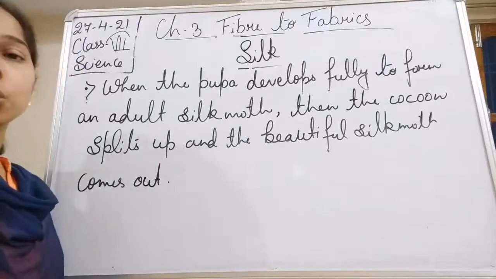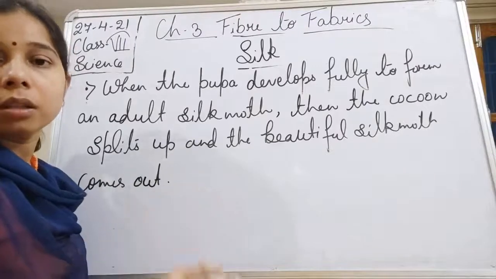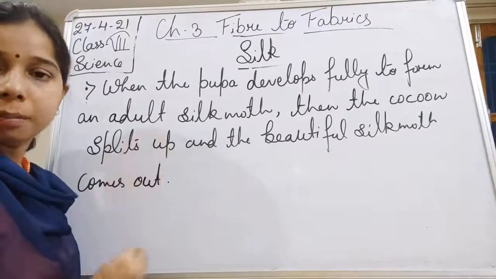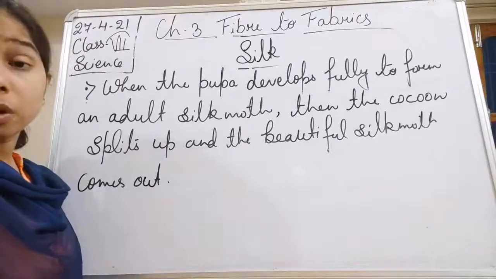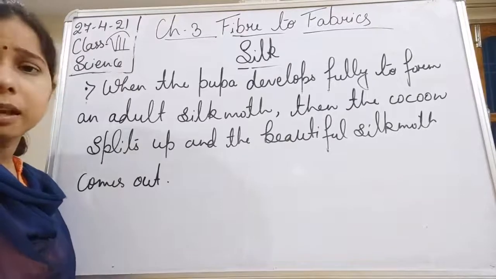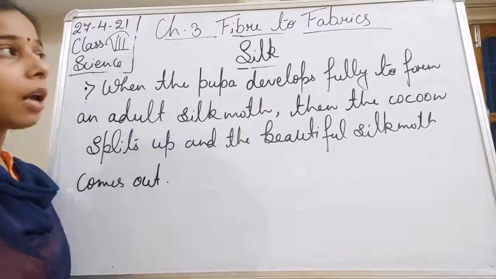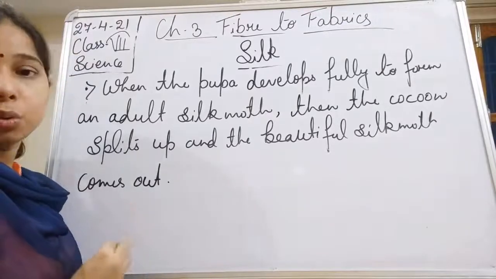So this is how the life history of the silk moth, from the egg to the silk moth, occurs. This is the life history of the silkworm, or we can say the life history of a silk moth. Now the question arises: at what stage do we get the cocoon?